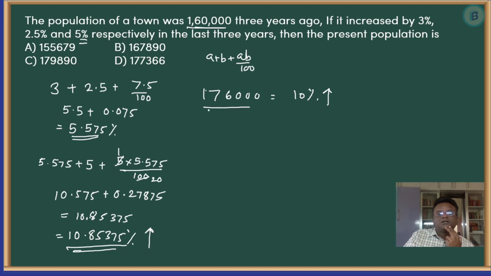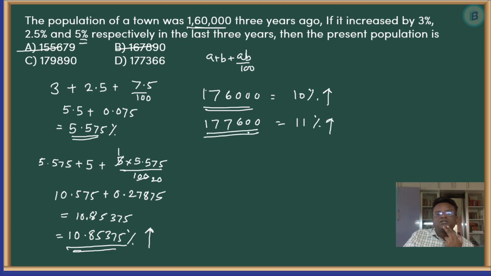My answer is certainly going to be greater than 176k. And if I increase it by 11%, then I have to add another 1% of this, that is 1,600, to this. That is 177,600, which is equal to 11%.